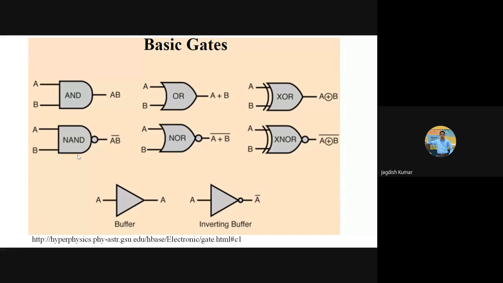If current is large, the voltage drop across the various components of the circuit will increase, which may at some point lead to a drop in the output voltages, which may lead to 1 going to 0. As the voltage will drop, 1 means high voltage, 0 means low voltage, so there may be misinterpretation of data. To avoid this, when we have a large number of gates which have to be driven from a particular IC or from a particular gate, then we use current buffers there. And this is called an inverting buffer, like a NOT gate, nothing very different.